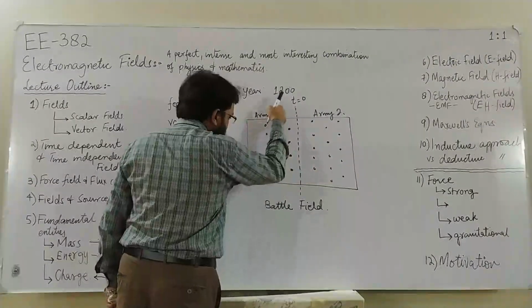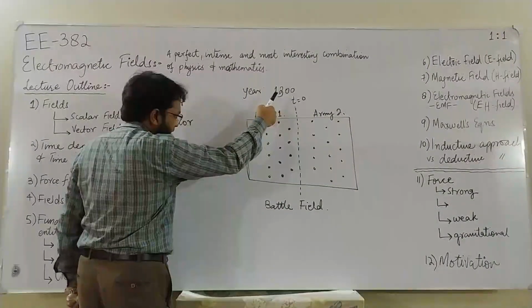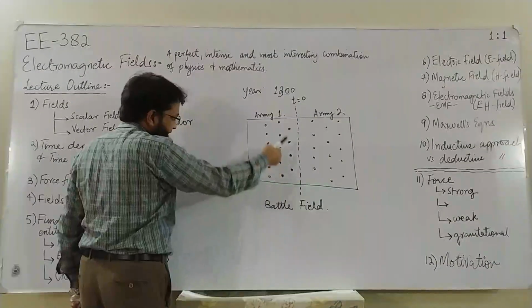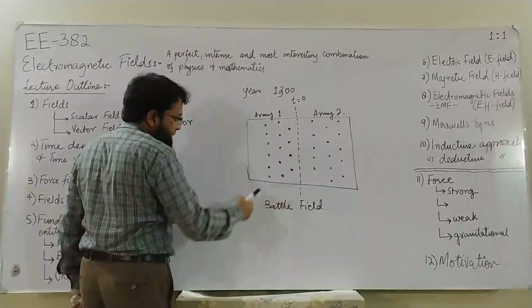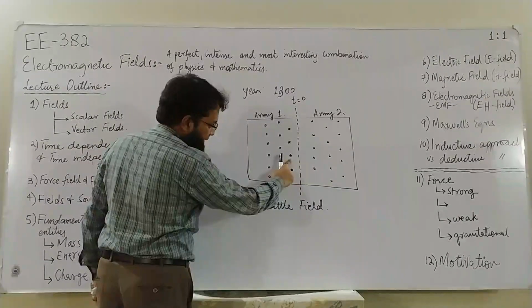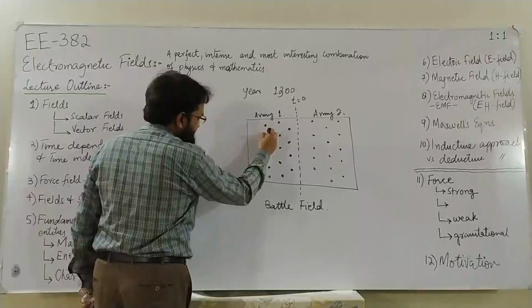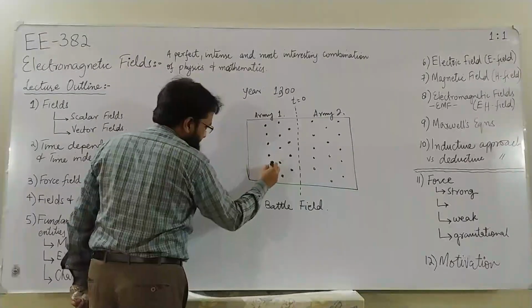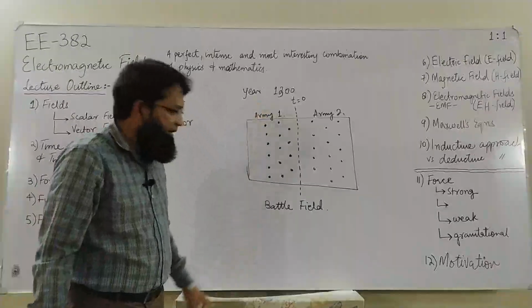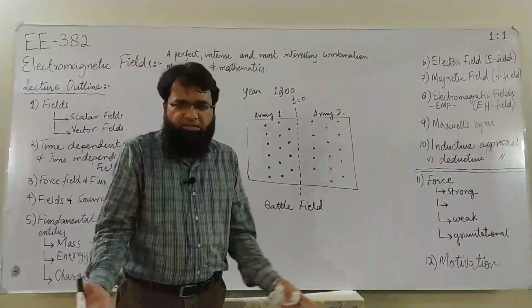The fear inside the hearts of the soldiers in the second row may be a little less compared to this one, right? And the fear in the hearts of the soldiers at the very end will be minimum. This is common sense, right?